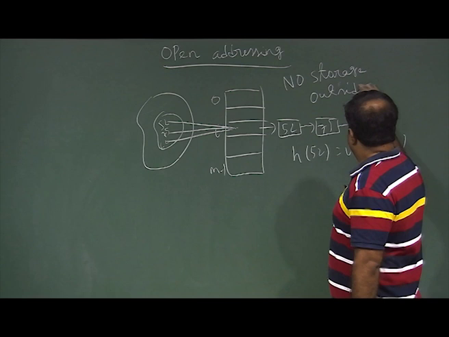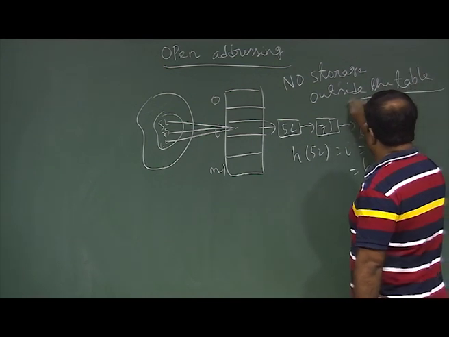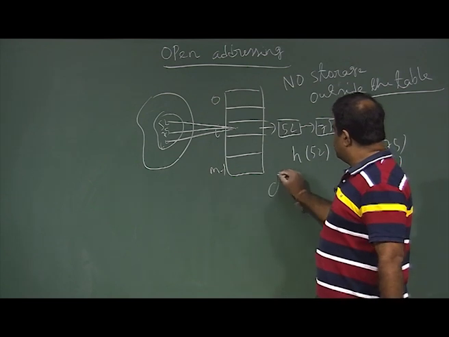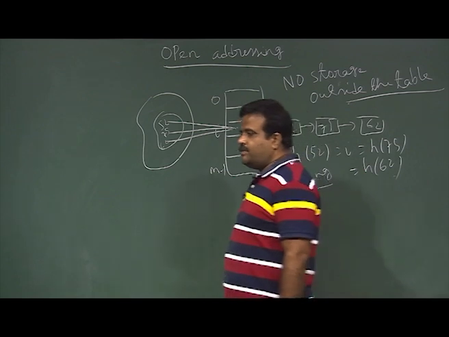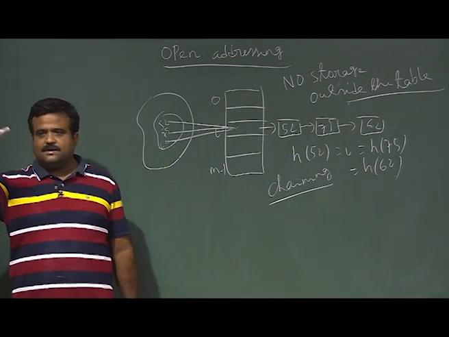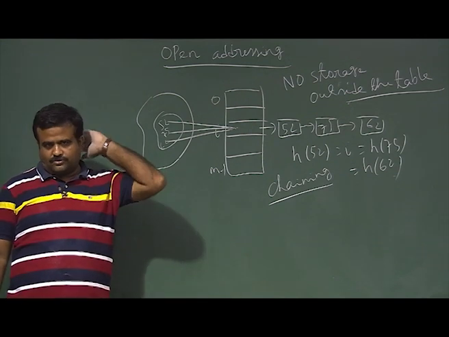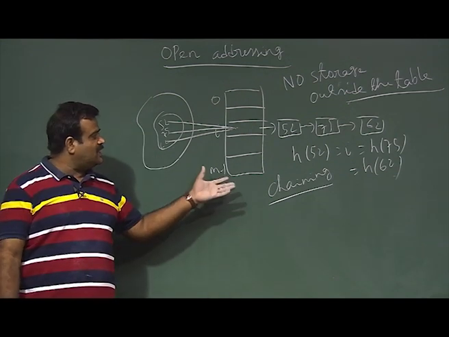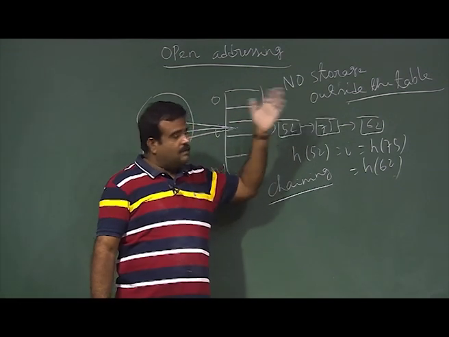Suppose this is our restriction, then we cannot do the chaining. If you are not allowed any extra storage outside the table, then we cannot have a linked list outside the table. So, chaining cannot be applied there. No extra storage is available outside the table.